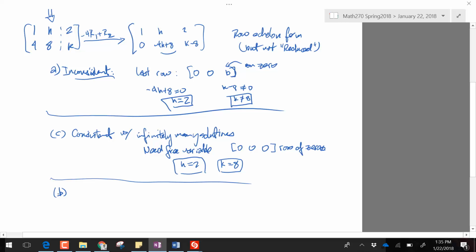So a last one, consistent with exactly one solution. So not inconsistent, and not consistent with no free variables.